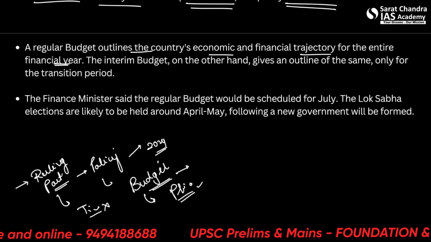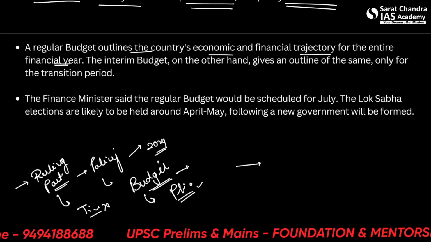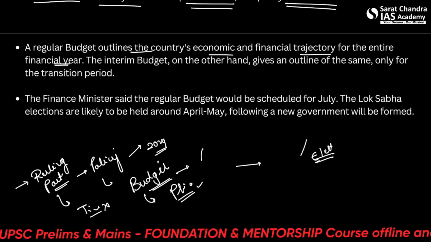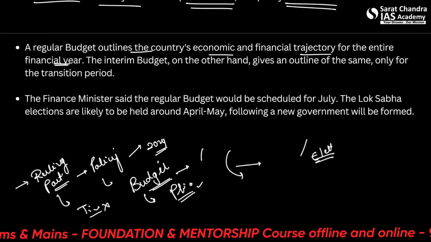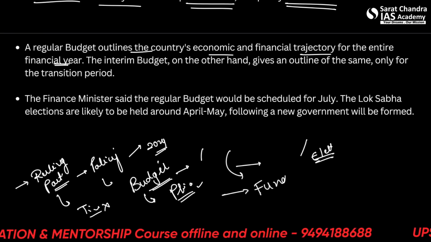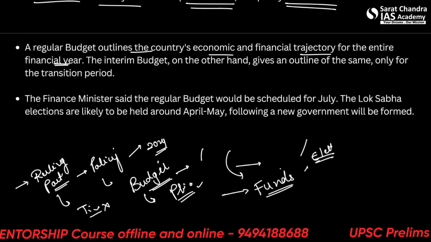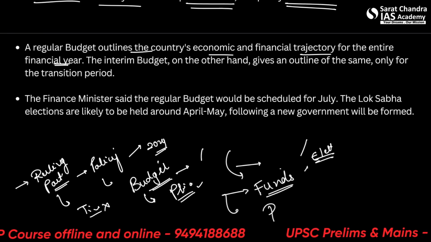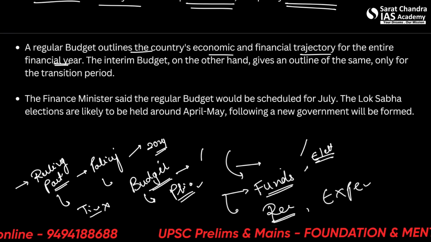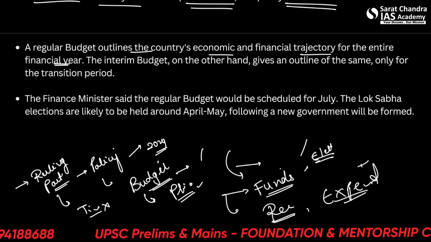So it's just a vote on account: till the elections are done and contested, the Consolidated Fund of India should issue certain funds to the government to carry on with its projects based upon the receipts and the expenditure. This is known as the interim budget.